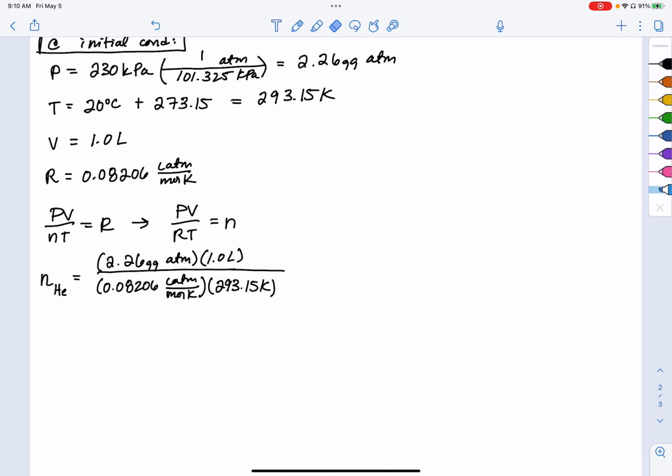So I get 24.055 in my denominator. And when I do this division, I get 0.11220 moles of helium.